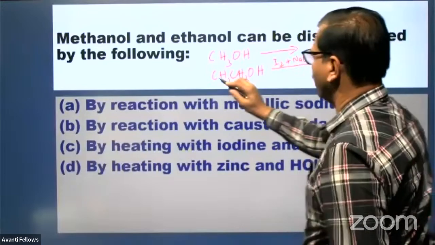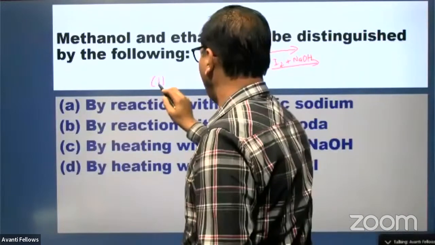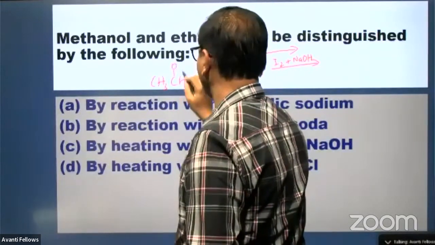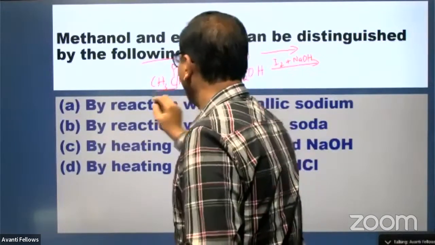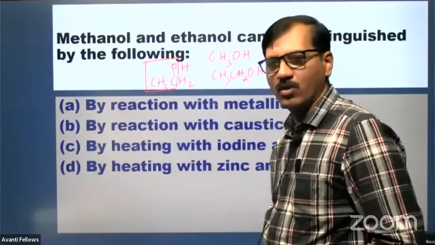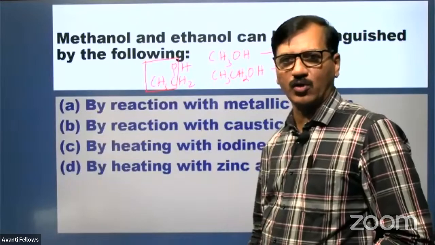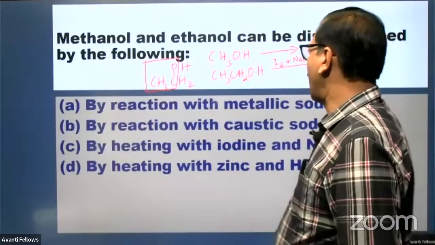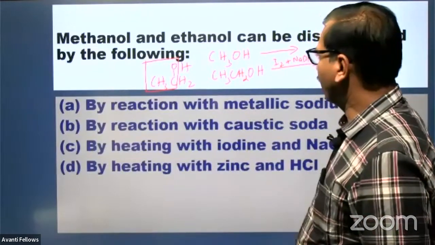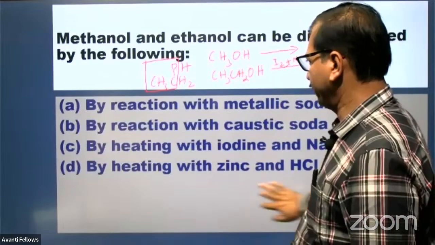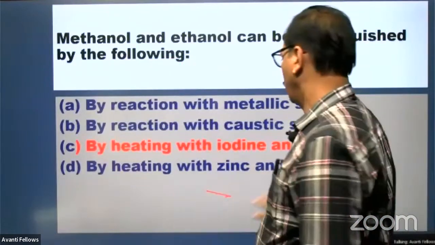So the compounds having this skeleton, I'll remind you, CH3CH(OH), will give the iodoform test. The second carbon having O, either methyl ketones or secondary alcohols, and ethanol, all will give this CHI3. Therefore, this is the right answer. Iodine in NaOH is the answer. Okay, fine. Good, keep going.